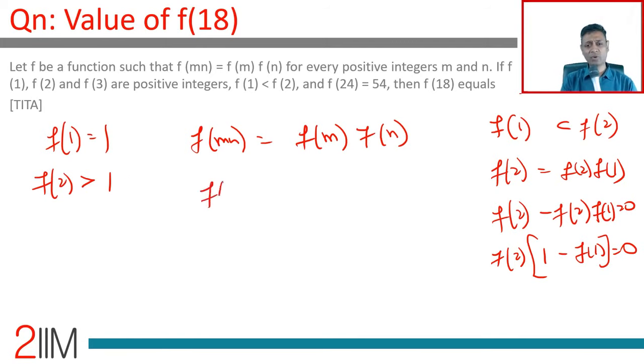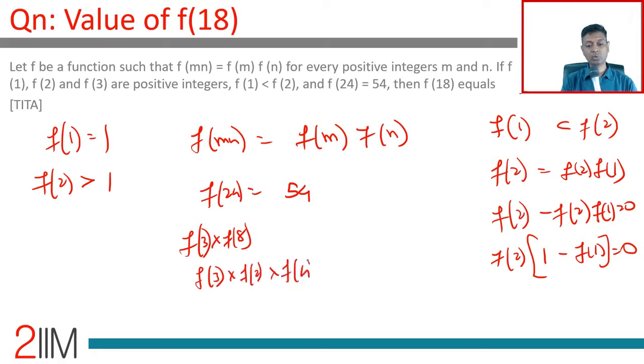That much we know, and it's a positive integer greater than 1. f of 24 is 54. This is f of 3 into f of 8, or f of 3 into f of 2 into f of 4, or this is f of 3 into f of 2 whole cube. This is 54. f of 2 is a positive integer greater than 1, so f of 2 is 3 and f of 3 is 2, since 54 is 2 into 3 cube.